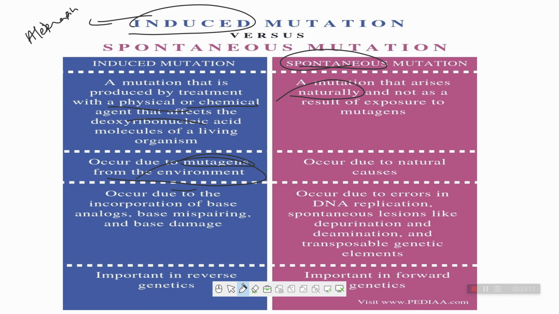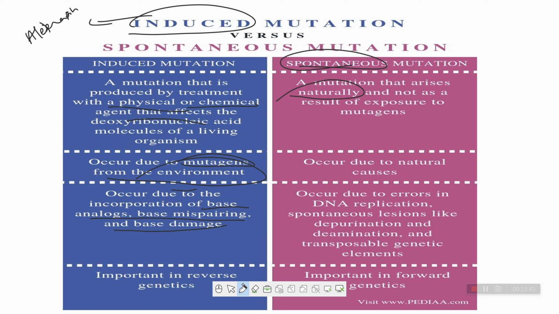They occur due to the incorporation of base analogs, base mispairing and base damage. This induced mutation occurs when base analogs are substituted in the place of the nucleotide, or a base mispairing happens. This type of mutation is known as induced mutation.